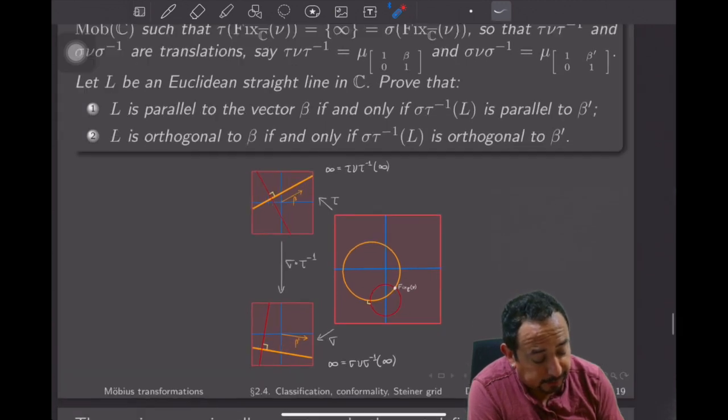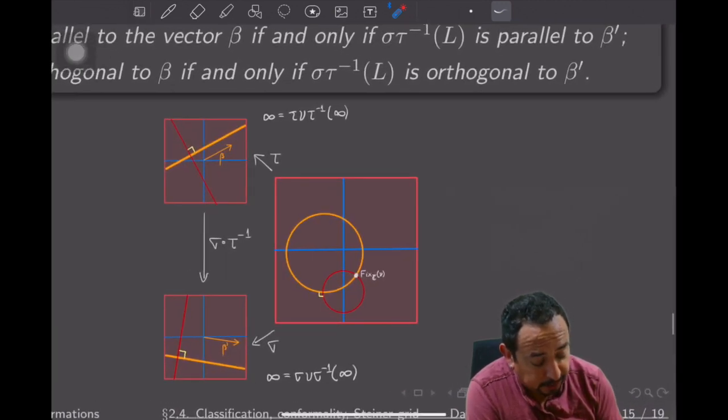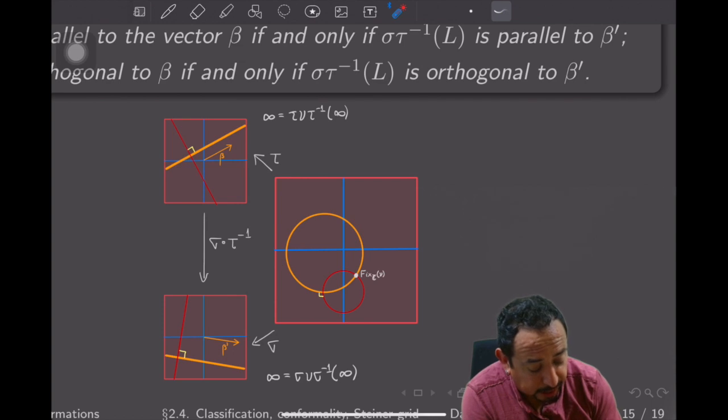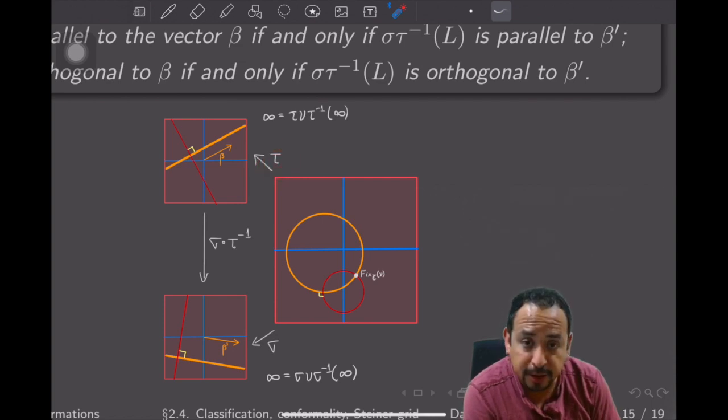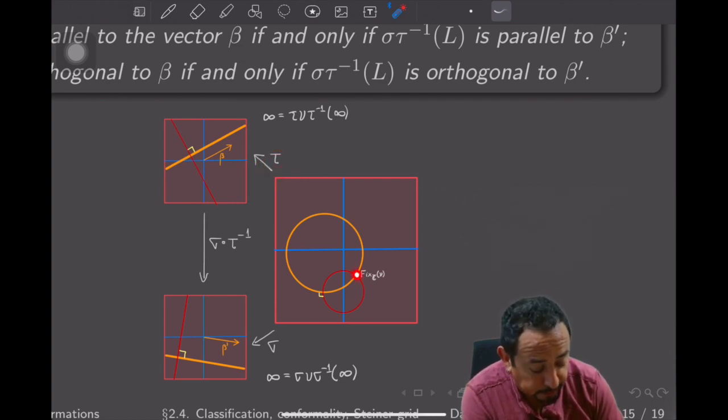what I see is that it doesn't matter which tau I use, as long as it sends this fixed point to infinity.